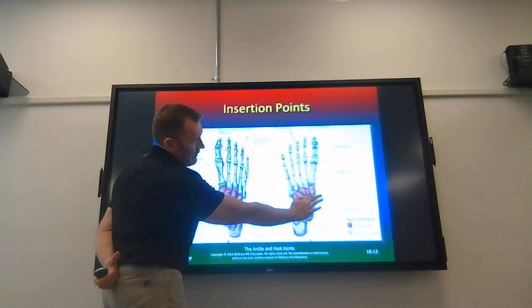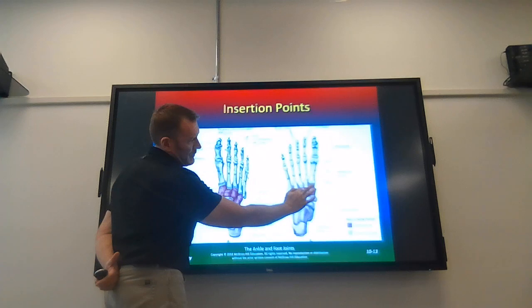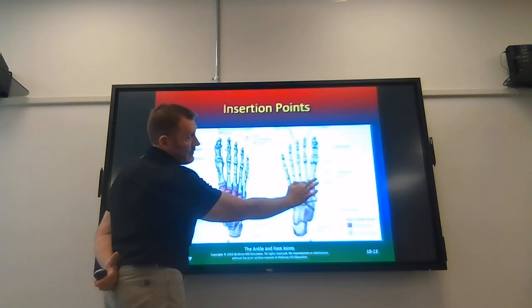So it's going to be the navicular, which is right here. The cuneiforms, there's the medial, intermediate, and lateral cuneiforms, and the bases of the, which metatarsal bases? Second, third, and fourth.